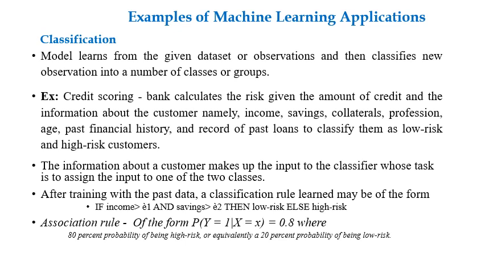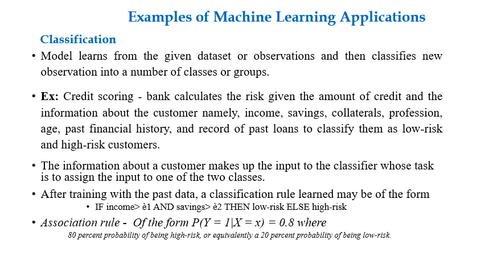After training with past data, the classification rule learned may be of the form: if income is greater than a particular amount and savings is greater than a particular amount, then it classifies the person as a low risk customer, or otherwise it classifies them as a high risk customer.